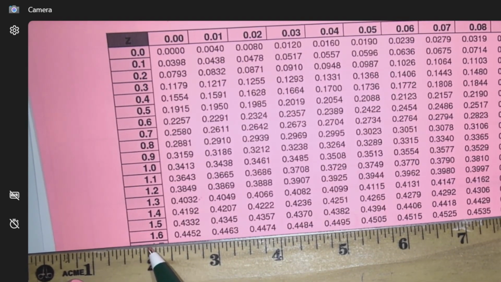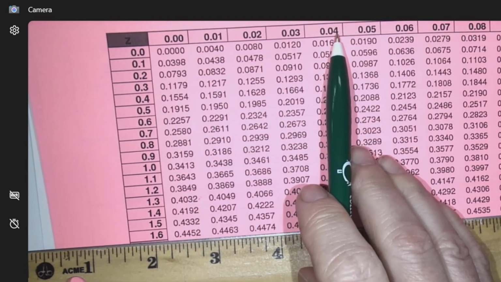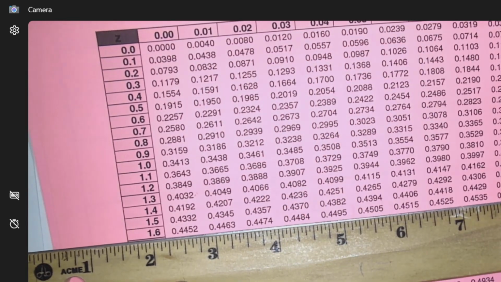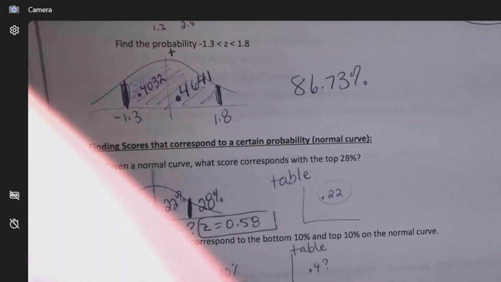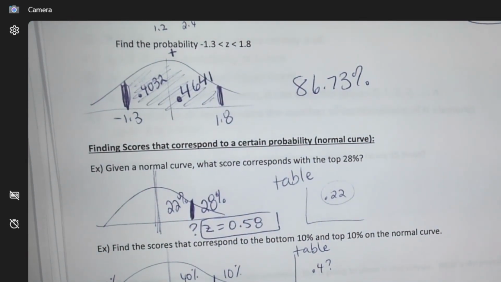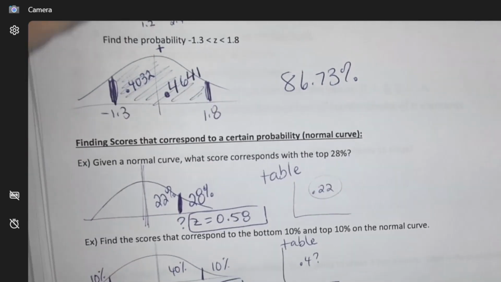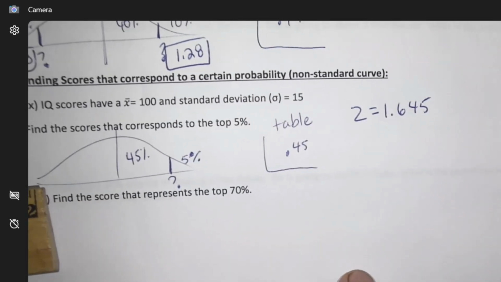So 1.645, because it's right in the middle between a 4 and a 5. Okay, so that's my z-score.